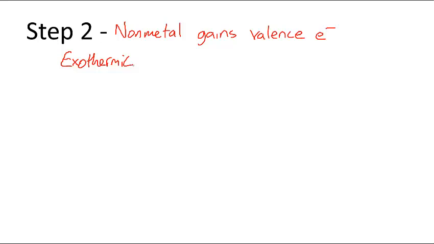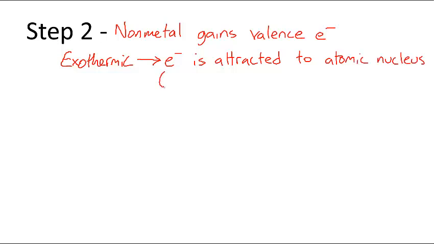But for most atoms, it's exothermic because the electron is attracted to the atom, as long as it doesn't have 0 Z effective. And so bringing them together releases energy.